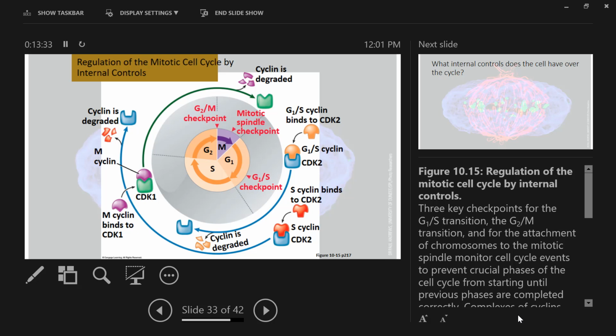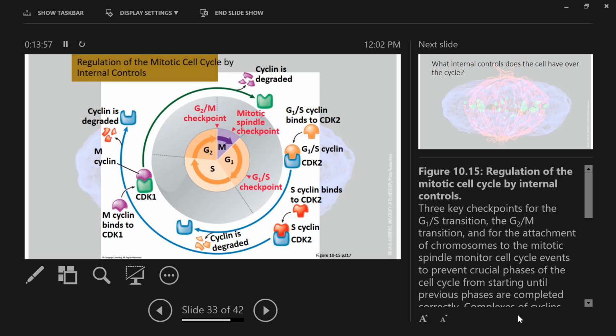Here, notice that we have two different chemical components that have to be present in order to make this happen. So we have this enzyme that's called CDK, which stands for cyclin-dependent kinase. But if you just remember it as CDK, that's great. If you remember CDK, I would be incredibly excited.